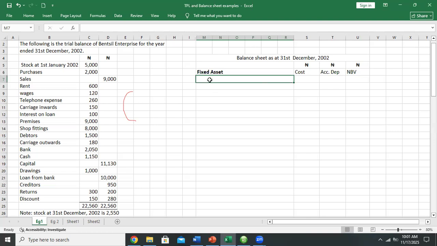So you go and pick your fixed assets from the trial balance. Professors, please help us identify the fixed assets in this trial balance. So who is getting us the first fixed asset? Okay, please go ahead, Portia. Sir, please, premises.